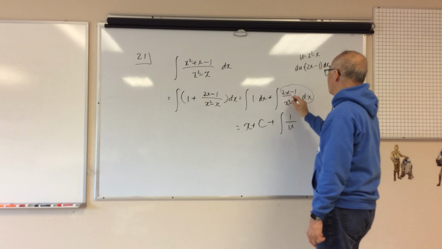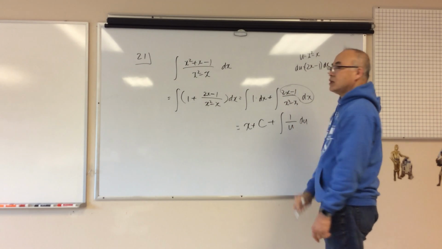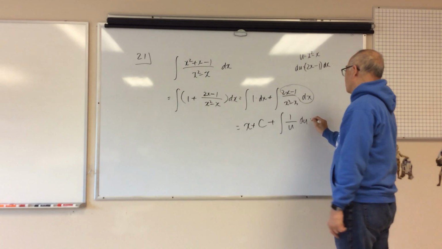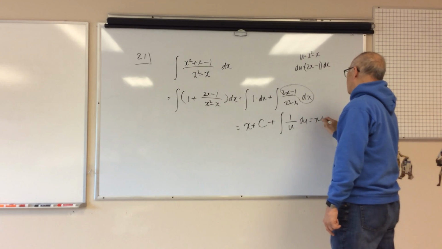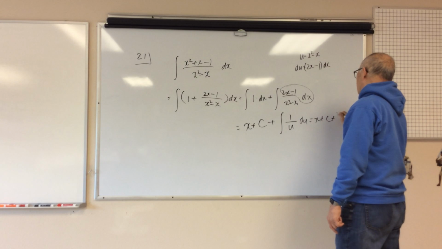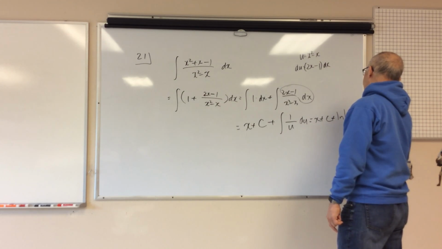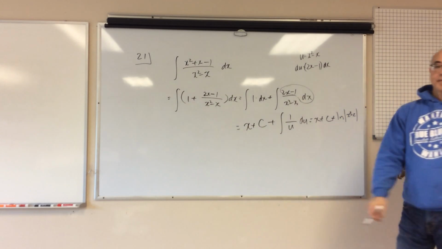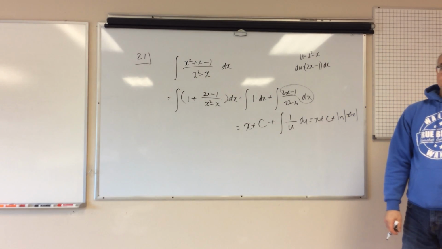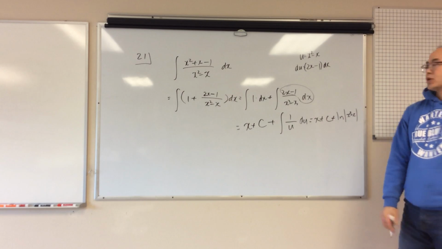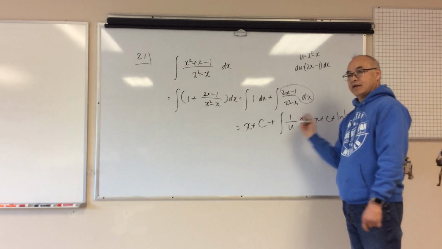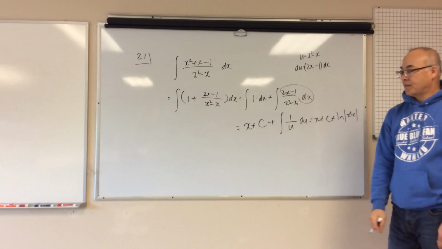That's this guy here, and this guy was du. In other words, you ended up with x plus c plus natural log of u, which was that guy. So in one fell swoop, you just go ahead and get it through.